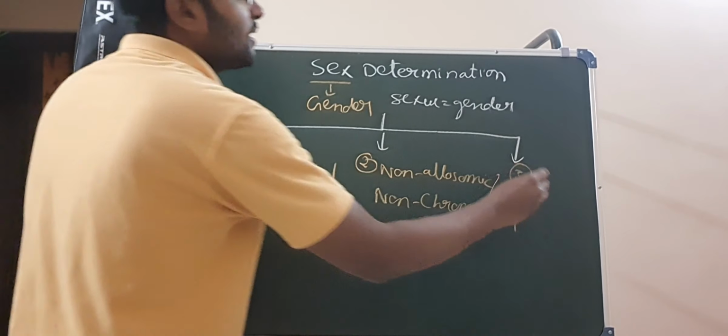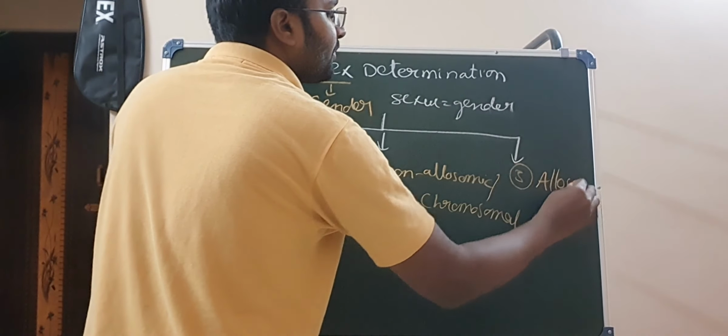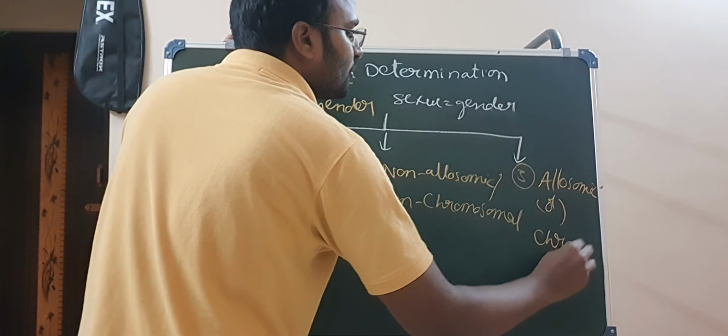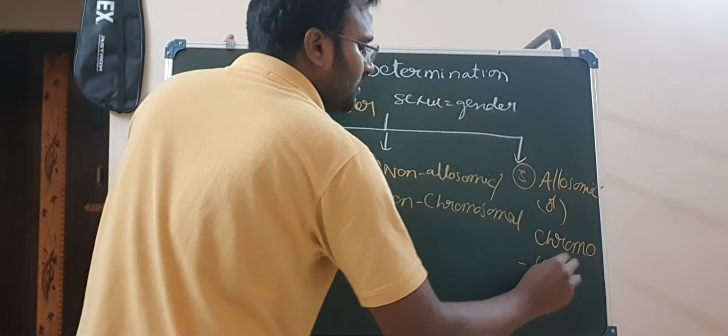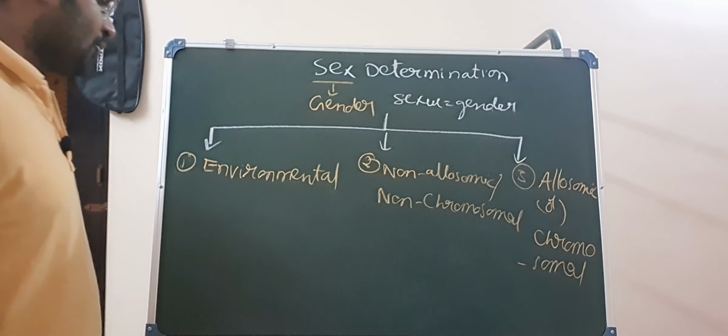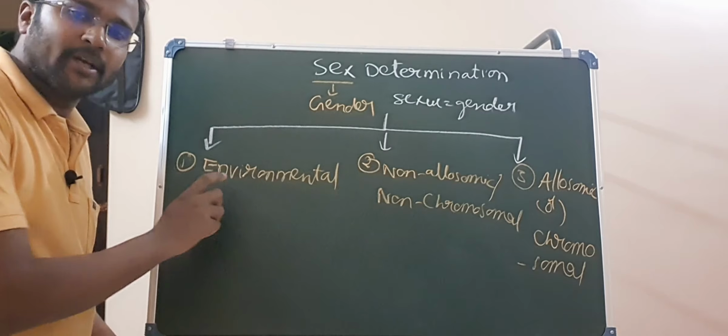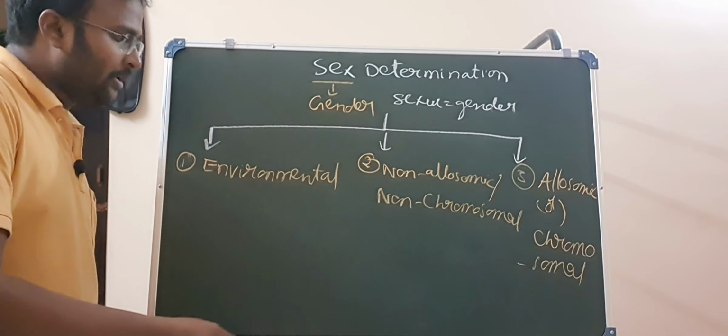Third one is allosomic, or chromosomal sex determination. So environmental sex determination, where environment is going to decide the gender of an individual.